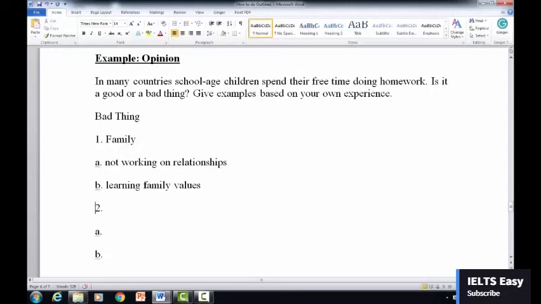I think there are a lot of good arguments for why it's a good thing, but I'm talking about it from the side of it being something that's bad. Another reason why I think only doing homework in your free time is bad is they're not getting a lot of value in playing.